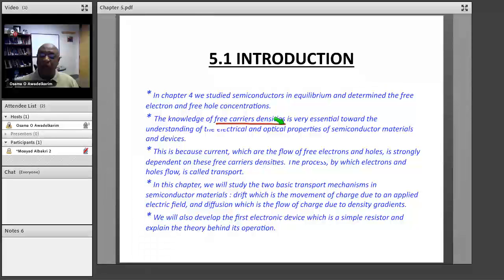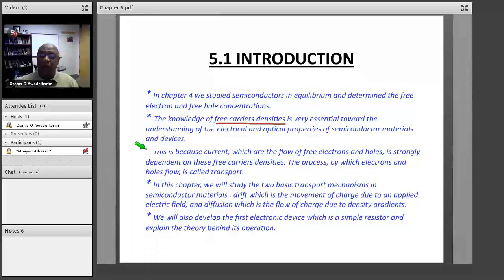And this is very important towards understanding the electrical and optical properties of semiconductors. Why is that important? Because current in semiconductor is carried by electrons and holes, which are the negative charge and the positive charge. And it is carried by the free electrons and free holes, which we call the free carriers.